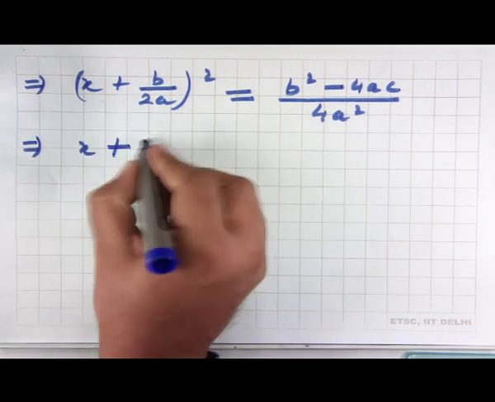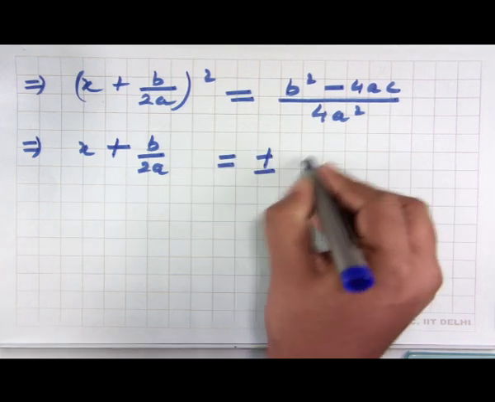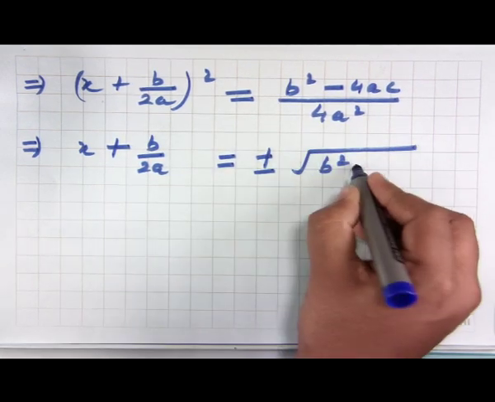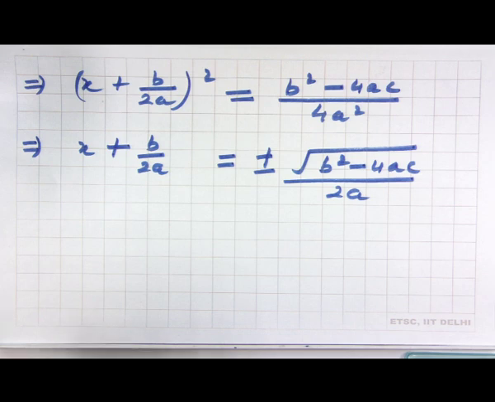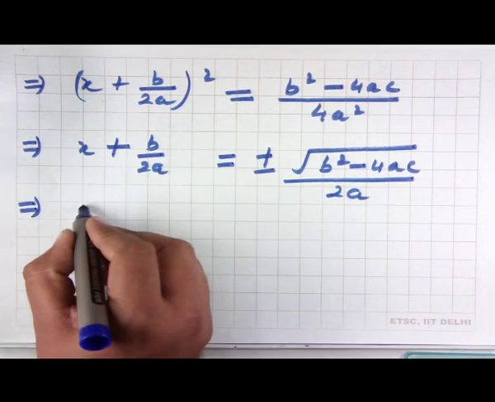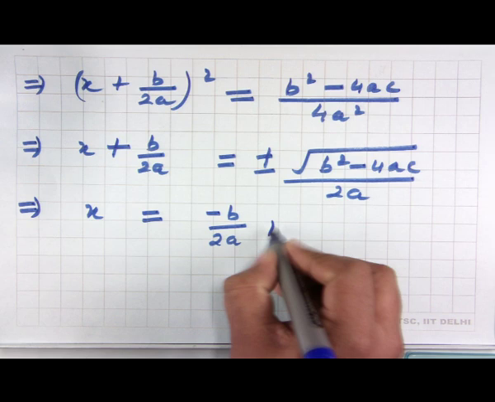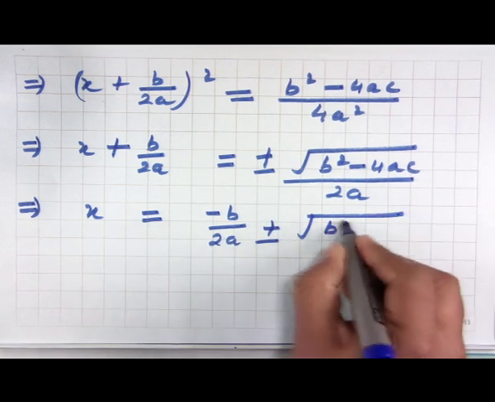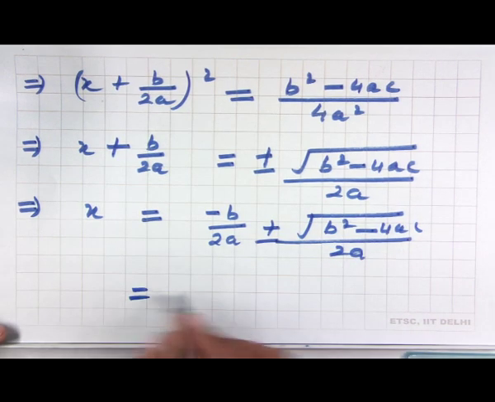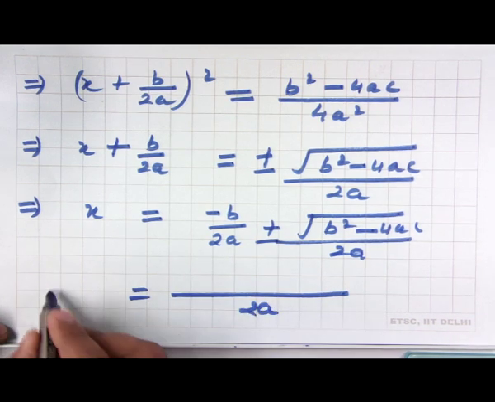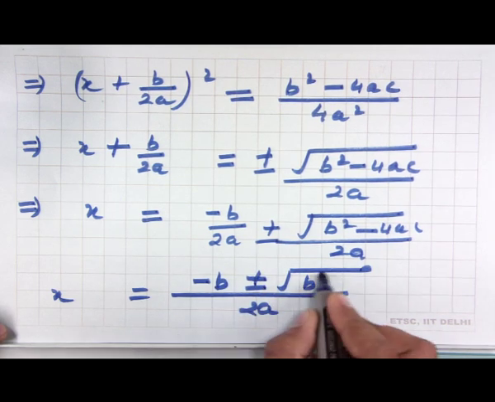Now taking the square root, x plus b over 2a equals plus minus under root b square minus 4ac over 2a. So x equals minus b upon 2a plus minus under root b square minus 4ac over 2a. Now take the LCM: x equals minus b plus minus under root b square minus 4ac, all over 2a.